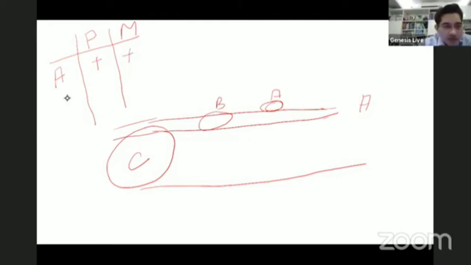In case of B, what happens when you do a head raising or the leg raising test? B may become prominent, but becomes immobile. And in case of C, when you do a head raising or leg raising test, C becomes impalpable.